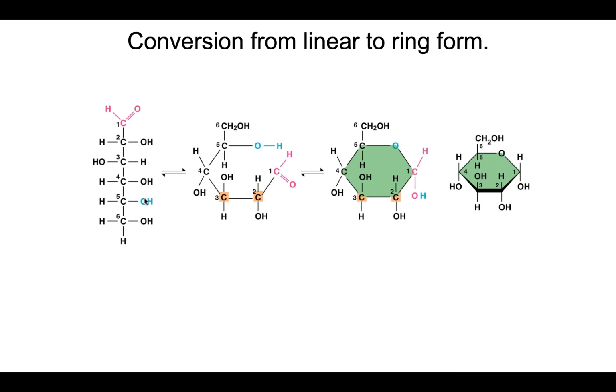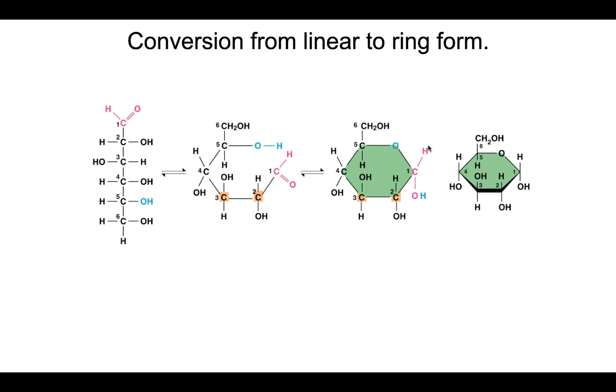So this oxygen is going to covalently bond to this carbon. And when it does so, we lose this hydrogen, and this carbonyl becomes a new hydroxyl group. So what we get here is, see this blue oxygen? That's this one here. And see this carbon? That's this one here. So now we have a hydroxyl group and a hydrogen there.